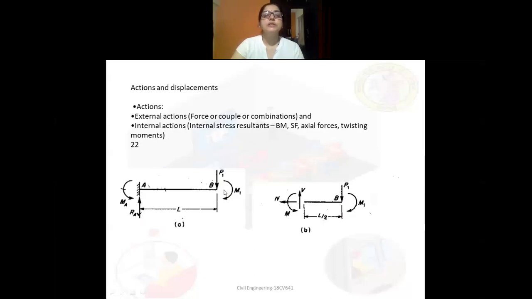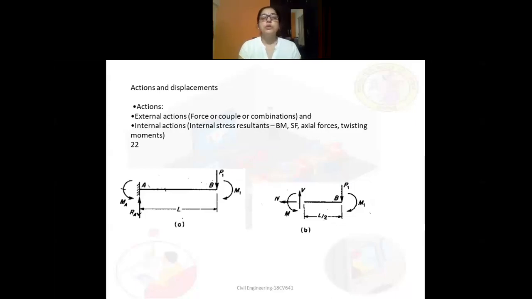So, actions and displacements. We discussed different types of structural members, that is beams, rigid plane frame, then space frame. We also discussed plane truss, grid, as well as space truss. So next, moving on, in flexibility method and stiffness method, we give more importance to the forces and displacements. Forces are also called actions here.